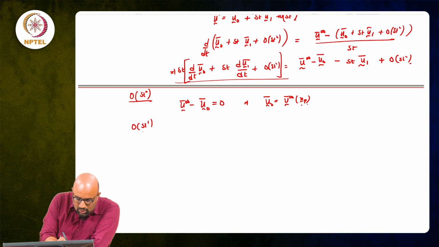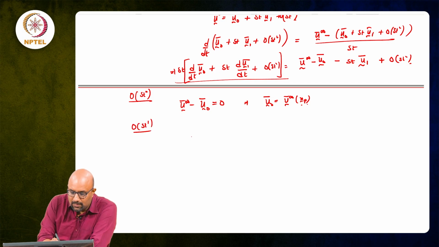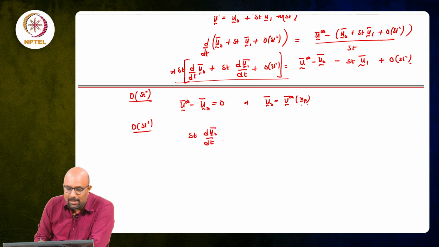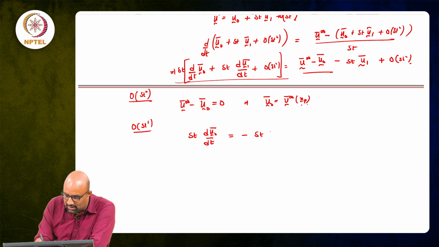At order Stokes, the left hand side has an equation which is d/dt of u naught. I ignore the Stokes squared term, obviously this is balanced, and here I get minus Stokes u1.